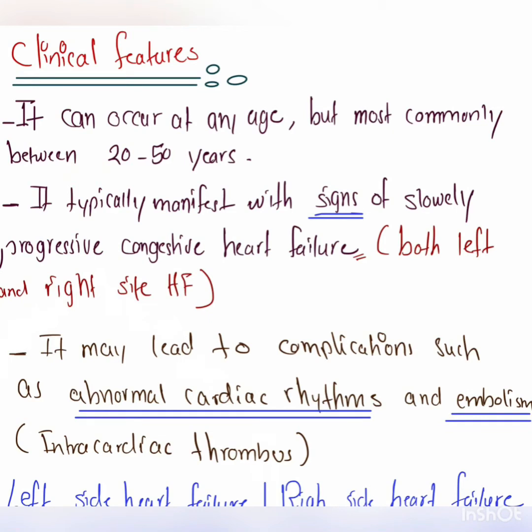Regarding clinical features of dilated cardiomyopathy, it can occur at any age, but most commonly between the ages of 20 to 50 years. It typically manifests with signs of slowly progressive congestive heart failure. Most patients come with signs and symptoms of heart failure such as easy fatigability, poor exercise tolerance, and signs of left side heart failure such as dyspnea, meaning shortness of breath; orthopnea, meaning shortness of breath when lying down; and paroxysmal nocturnal dyspnea, meaning shortness of breath during sleep.